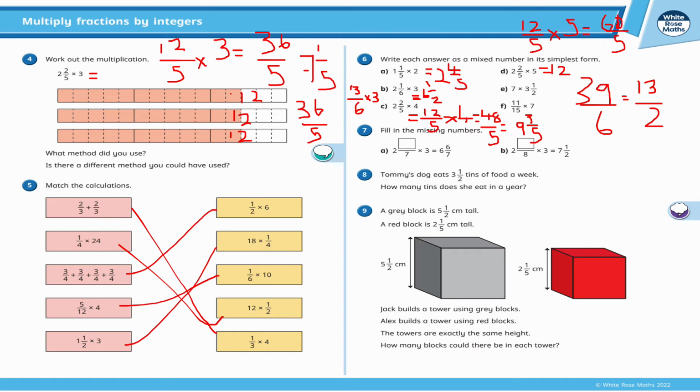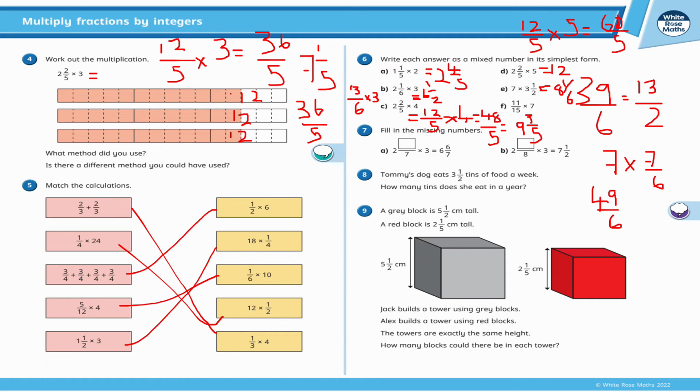Part E. I'm going to have 7 lots of 7/6, so it's going to be 49 out of 6, which simplifies to 8 and 1/6. Doing this off the top of my head, guys. Sorry about the lack of space here, but hopefully you can see what I'm doing.